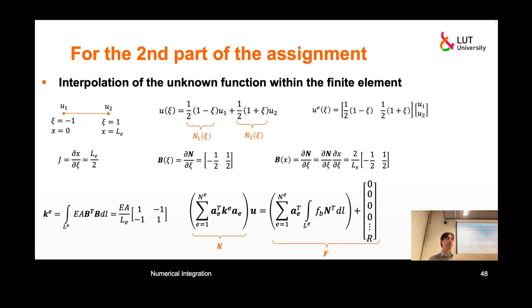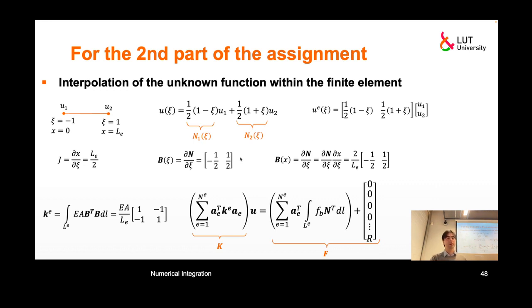I just gave you the result for this local connectivity matrix, but you eventually need to account for this transition from local coordinates to global coordinates when you are calculating local matrices. Also when you are calculating the right-hand side, of course.